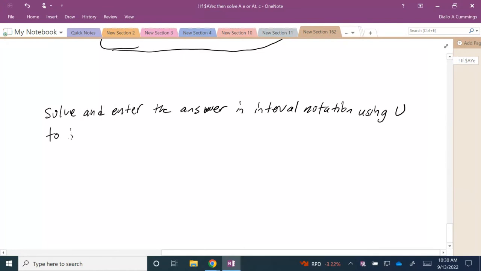Now you're only going to use that union symbol if you're dealing with a greater than inequality or greater than or equal to.